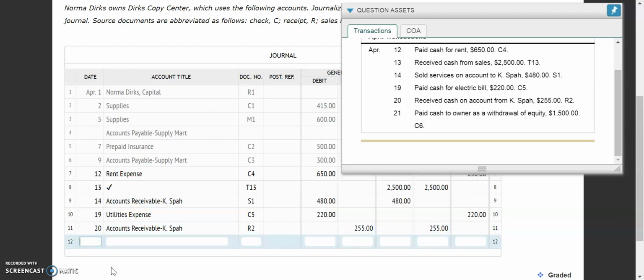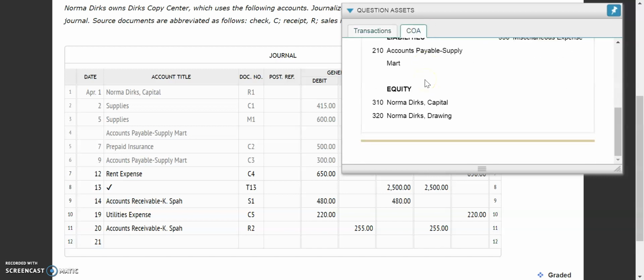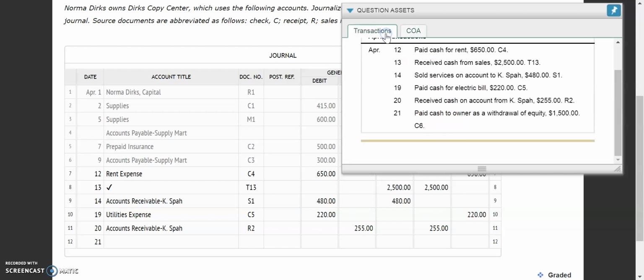In our last transaction, it says we paid cash to the owner as a withdrawal of equity for $1,500. So once again, the date is the 21st. If you forget what the withdrawal of equity means, remember, check your chart of accounts. We come down here. It's Norma Dirks drawing. Remember that drawing account is special because it shows how much money the owner takes out for their personal use. That's like when you pay yourself as the sole owner of a business.